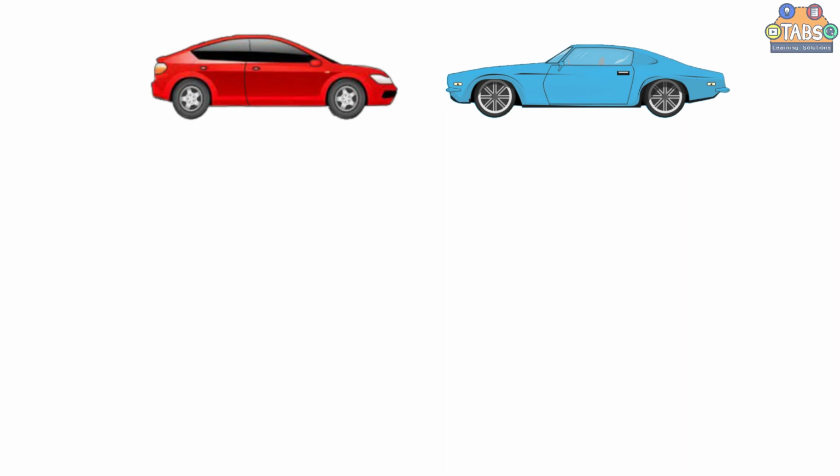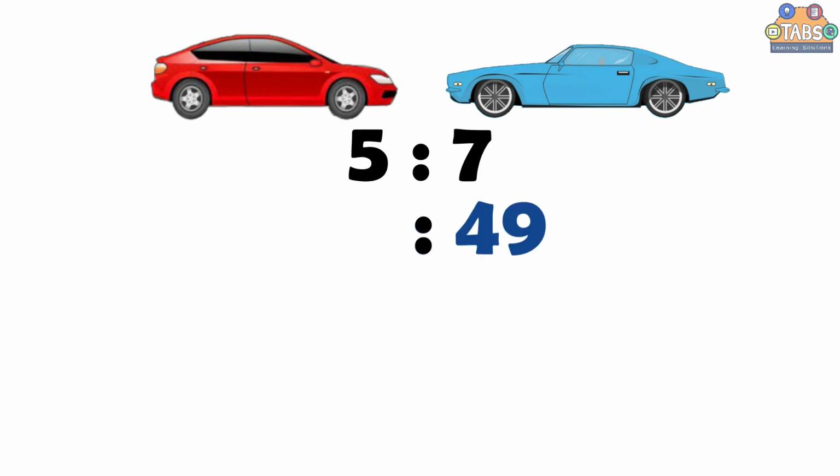Let us try this example. The ratio of red cars to blue cars in the parking area is 5:7. If there are 49 blue cars, then find the number of red cars. To solve this, first, let the number of red cars be n.